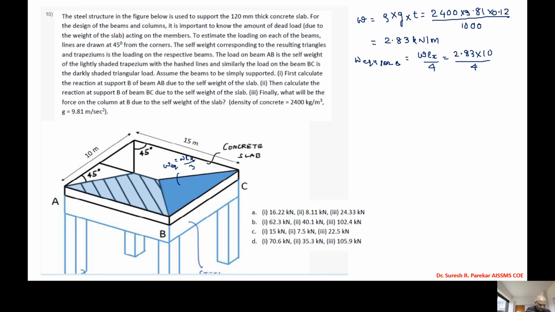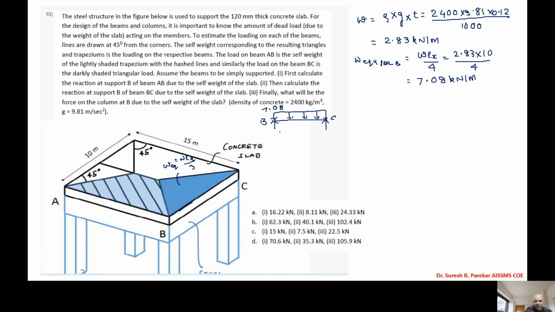And from this we will get W equivalent equal to 7.08 kilonewton per meter. And now this triangular load, that means now BC, if I plot, then we have this BC in this fashion, that is the equivalent UDL, and we have this equivalent UDL for BC, that is 7.08.